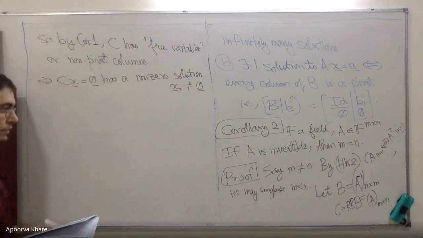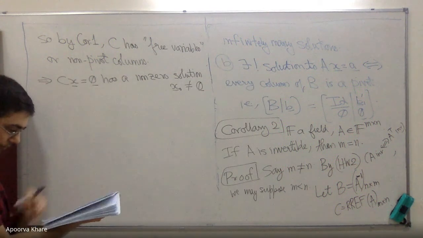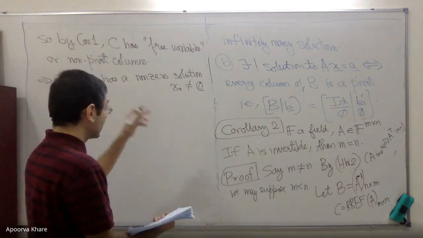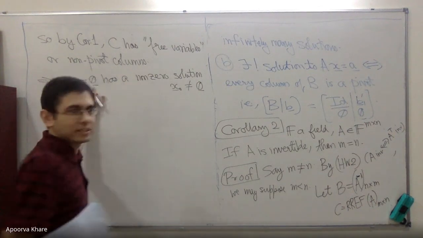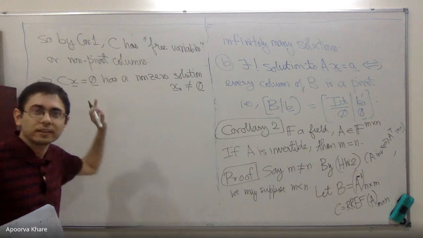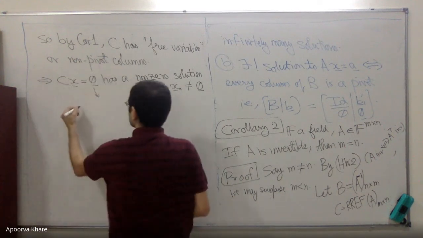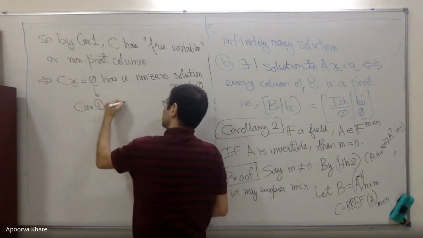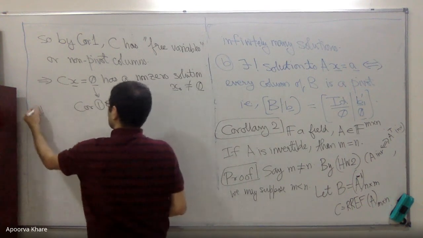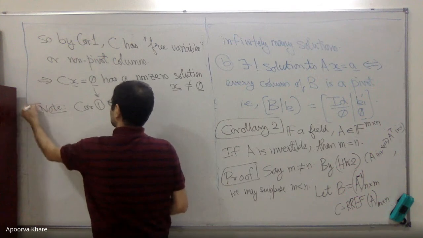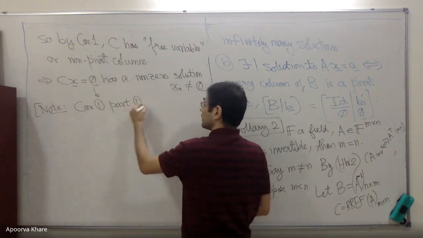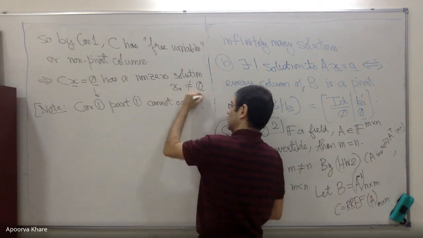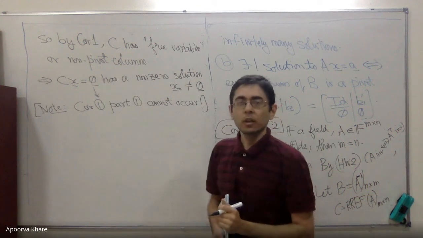Now, if CX equals 0, then AX equals 0. By the way, because we are taking 0 to be the last column, in corollary 1, part 1 cannot occur. Why can it not occur?